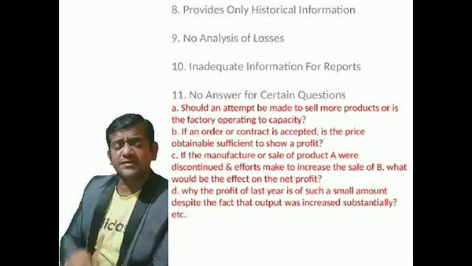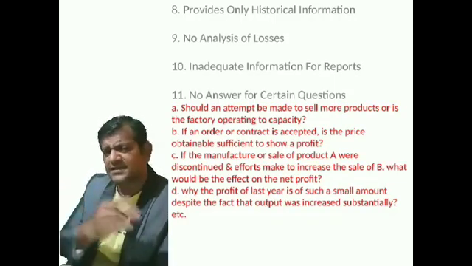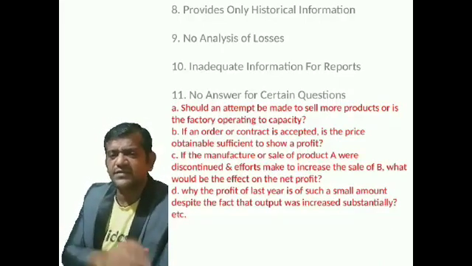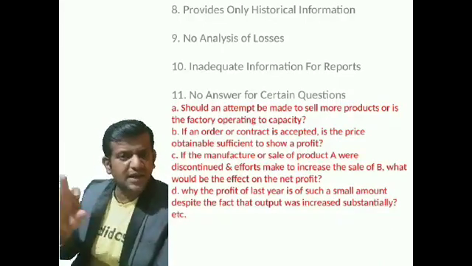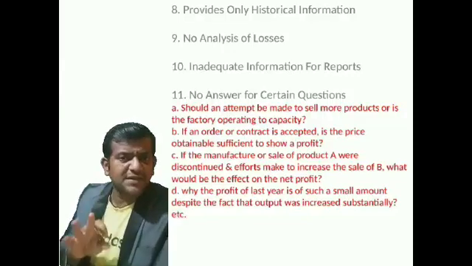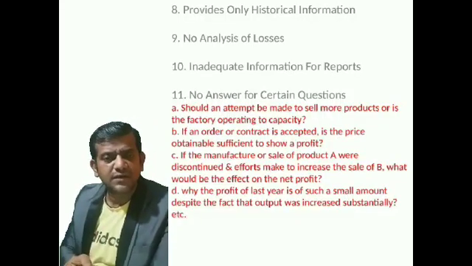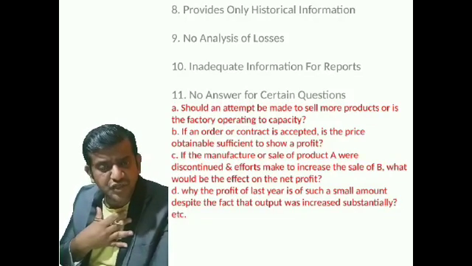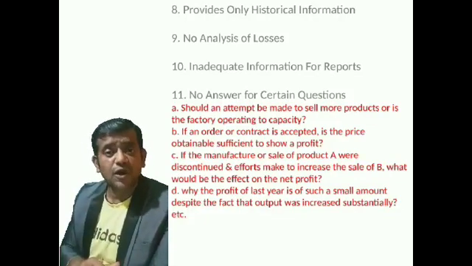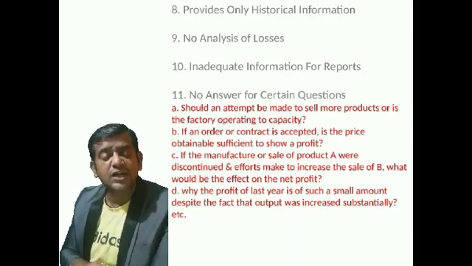Whatever order is coming, obviously when we are getting orders, there will be a lot of bargains. Whether that bargained price is going to work with our business, with my production unit or not. So I must know about that particular thing.